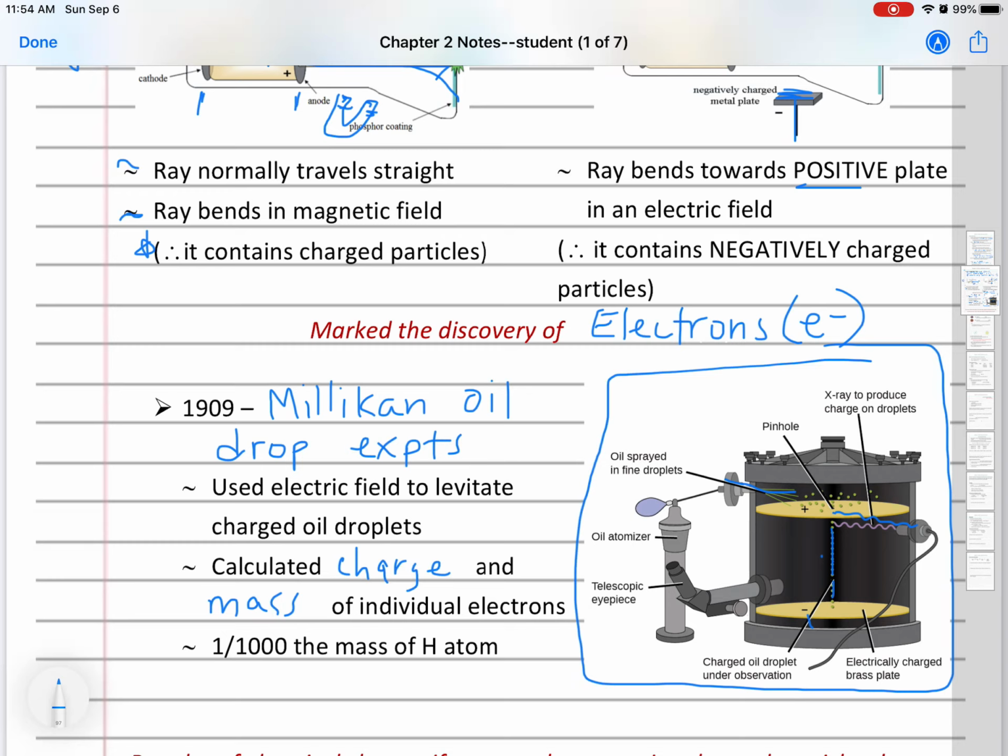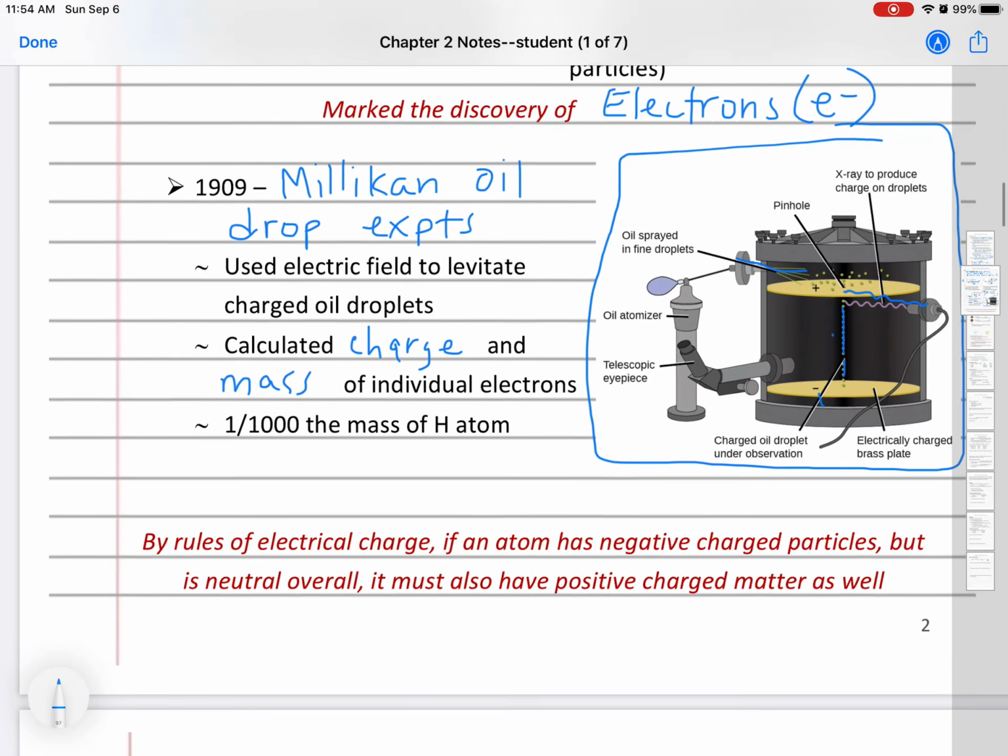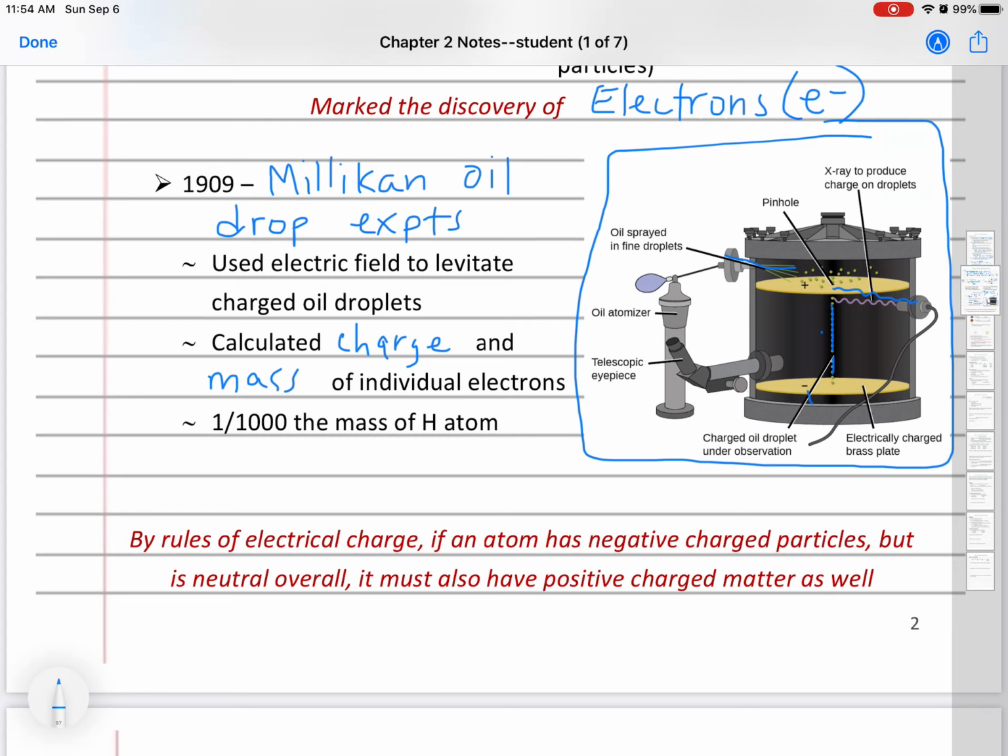They're actually 1,000th the mass of a hydrogen atom. So very, very small, but definitely negatively charged. And so by the rules of charge that we went over, if atoms have a negatively charged particle, but they are neutral overall, then they must have a positively charged particle in there too to cancel out that negative charge.